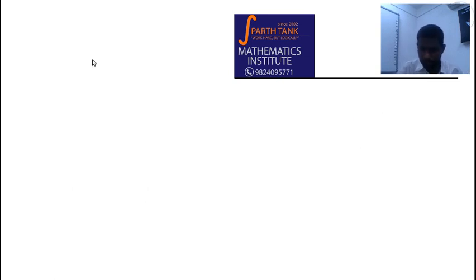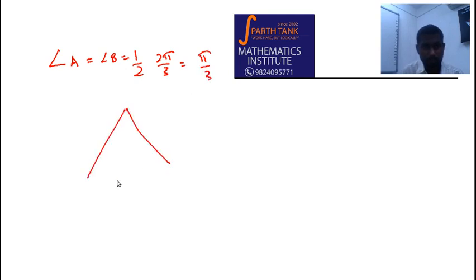So A and B are equal to half of that, 2 pi by 3, which makes A and B pi by 3. And this is good news for us, because if these two angles are pi by 3, then this is an equilateral triangle. This also becomes pi by 3. And this side is given to be 6 into 3 to the power 1 by 4.